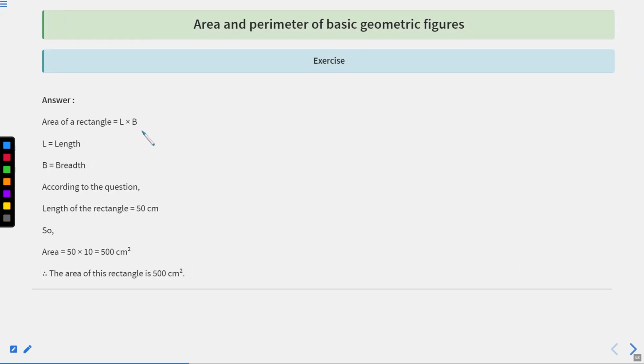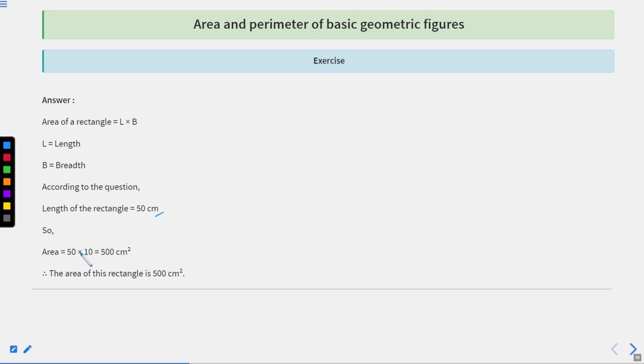So the area of a rectangle is given by length into breadth, as we have already seen. According to the question, the breadth is given to us 10 centimeter, and it is also given that length of the rectangle is 5 times the breadth. Since breadth is 10 centimeter, the length should be 5 times of 10, that is 50 centimeter.